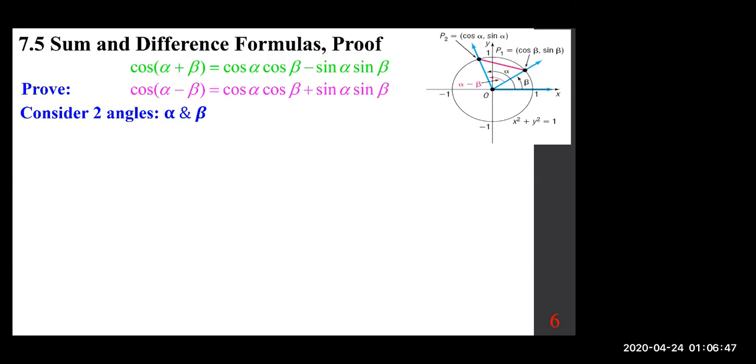Therefore, the coordinates x comma y are represented by cosine comma sine. So P sub 1 is represented by cosine beta, sine beta. I hope it's clear to everybody.